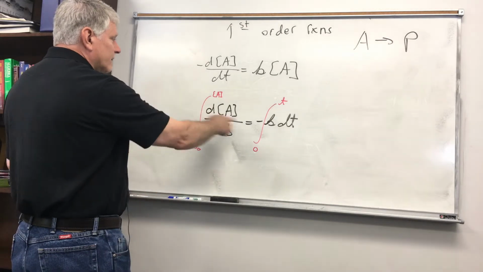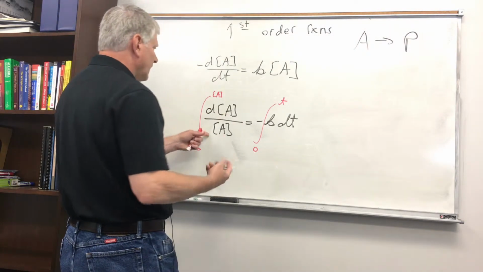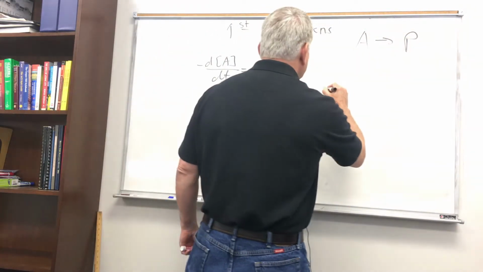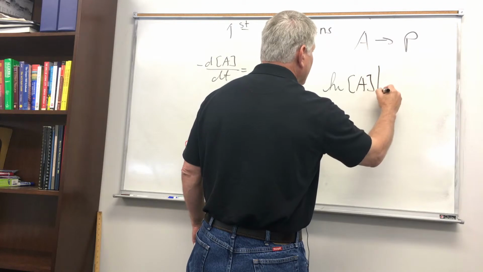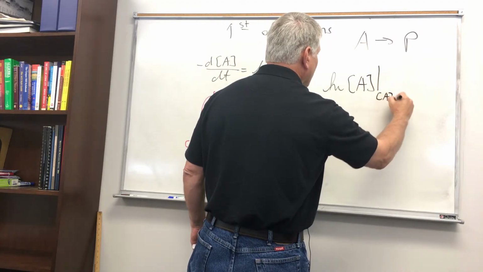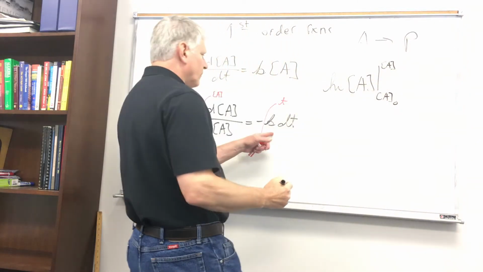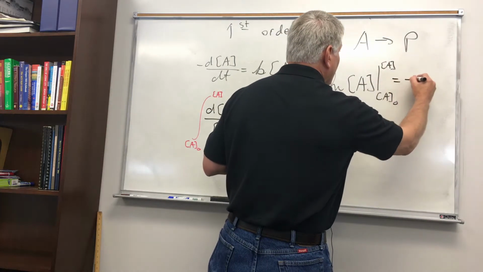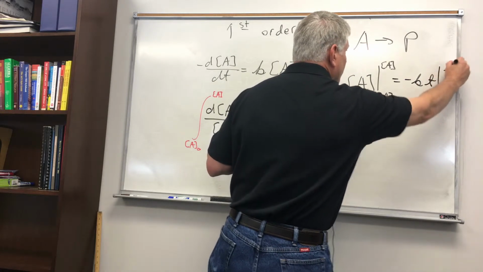So I can do this integral, and I will get on the left the natural log of A evaluated from initial concentration of A to A, and then on the right I'll have minus kt evaluated from 0 to t.